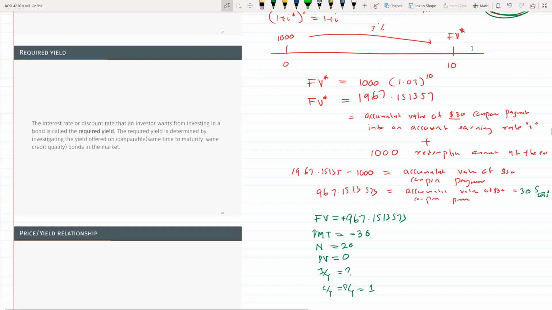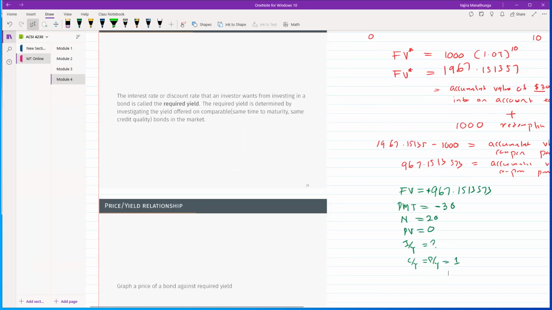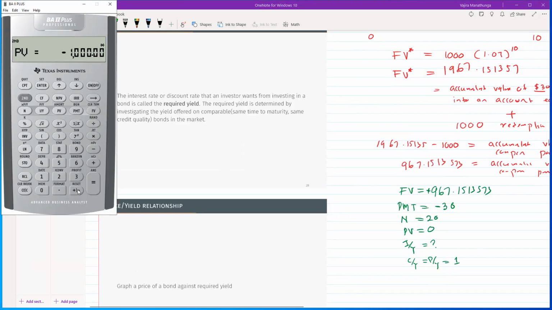Since this is the 6-month effective rate, and payments and compounding are done only once per period, let's enter this into the calculator and find the rate. Second, reset, enter. 967.1513573 as future value. And 30 with a negative sign in front of it as payment. 20 as N. 0 as present value.